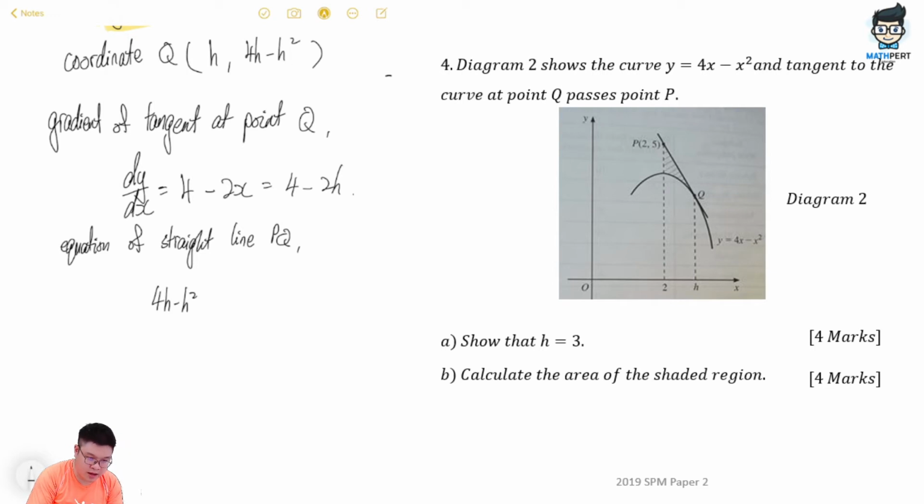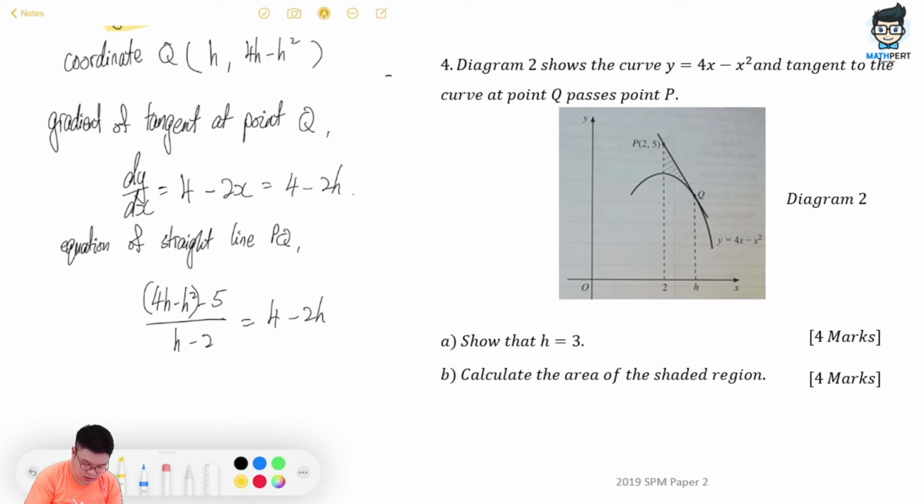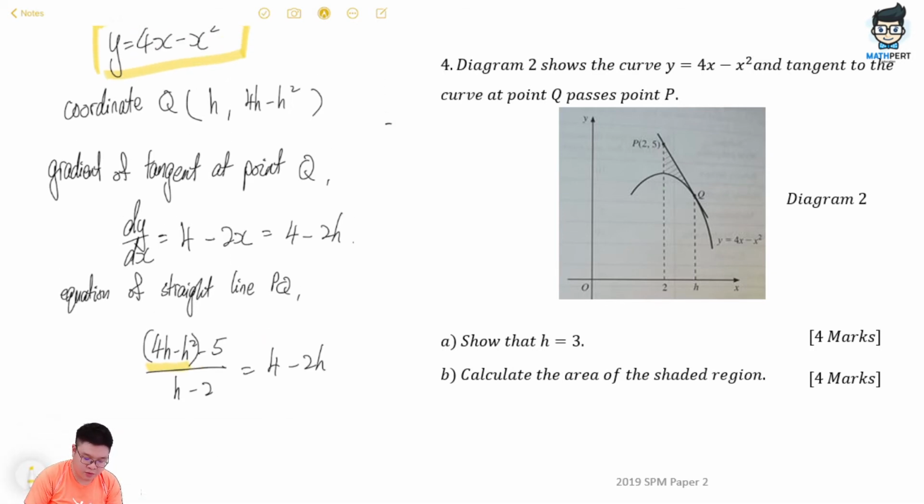It would be (4h minus h squared minus 5) over (h minus 2) equals the gradient. The gradient is 4 minus 2h. The 4h minus h squared and the h come from the coordinates of Q, the 5 comes from the coordinates of P, and the 2 comes from here in the diagram.